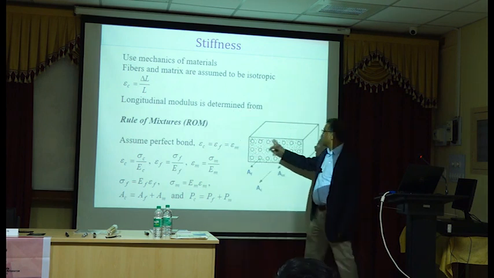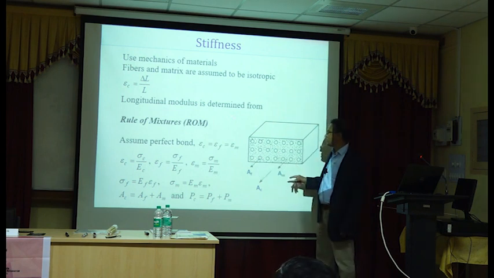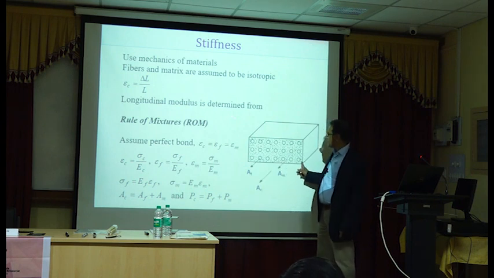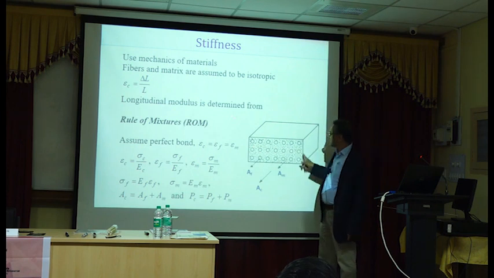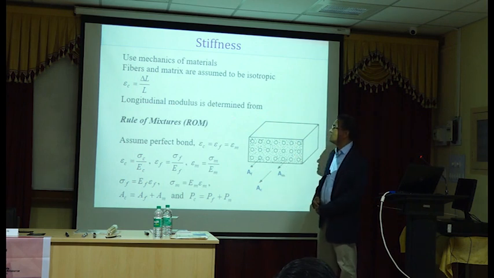So if this is our composite, the area of the fiber in the whole cross section is A sub F. A sub C is the total area of the composite, and A sub M is the area of the matrix. So those are the three different areas.